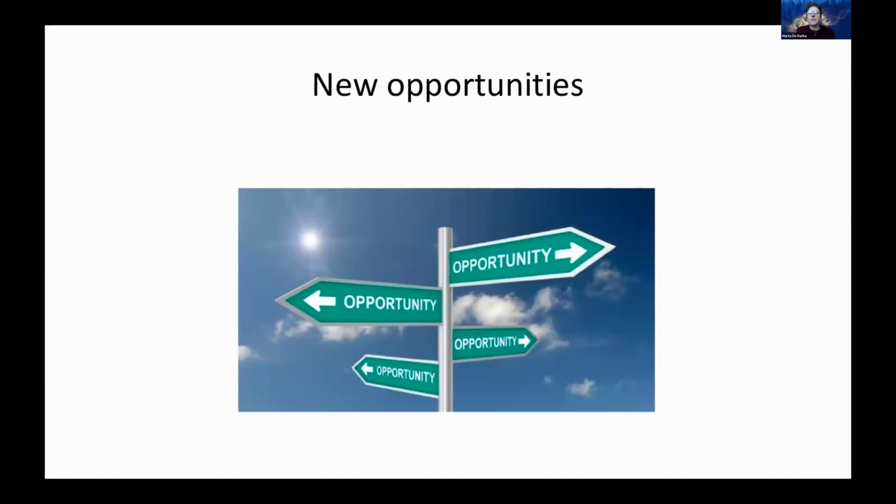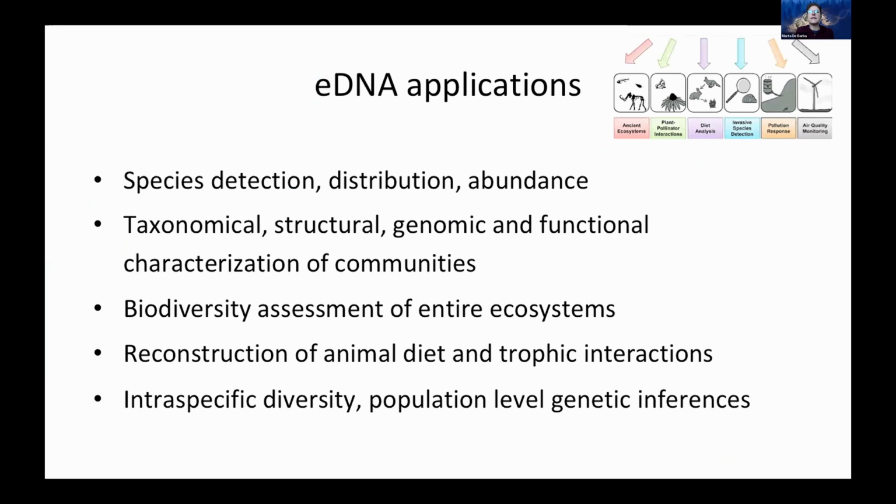And in the past 10 years or so, eDNA applications have really burst, expanding from the initial applications that were mostly focusing on species detection to now being able to assess biodiversity and characterizing communities at the ecosystem level. And also allowing us to reconstruct trophic interactions.